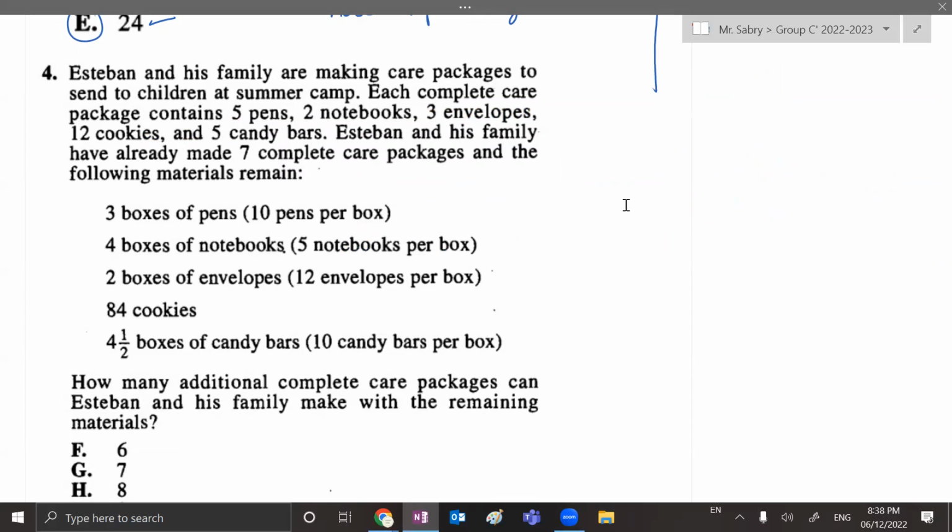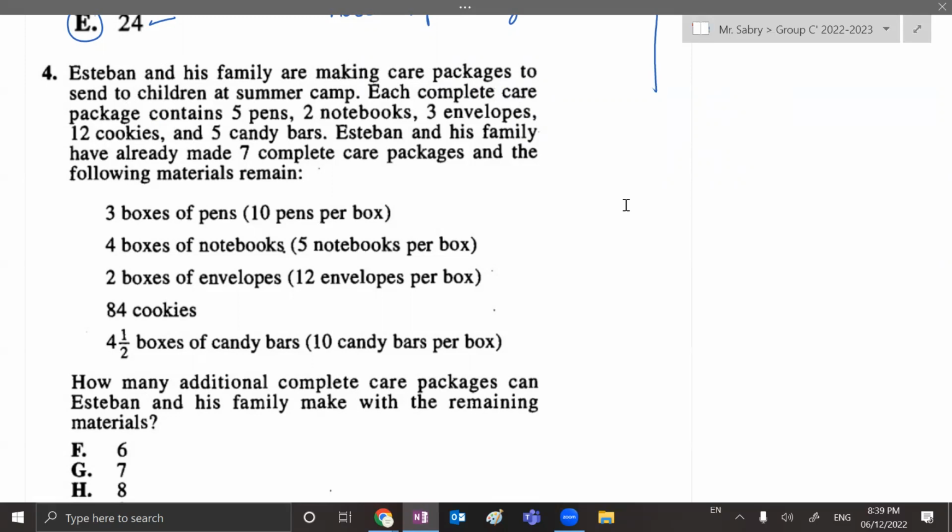Esteban and his family have already made 7 complete care packages, and the following material remain: 3 boxes of pens, 10 pens per box, 4 boxes of notebooks, 5 notebooks per box, 2 boxes of envelopes, 12 envelopes per box, and 84 cookies, 4.5 boxes of candy bar, 10 candy bars per box. How many additional complete care packages can Esteban and his family make with this remaining material?